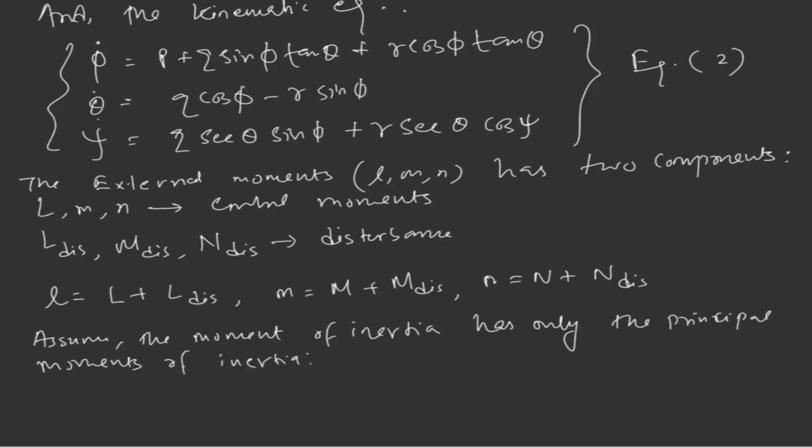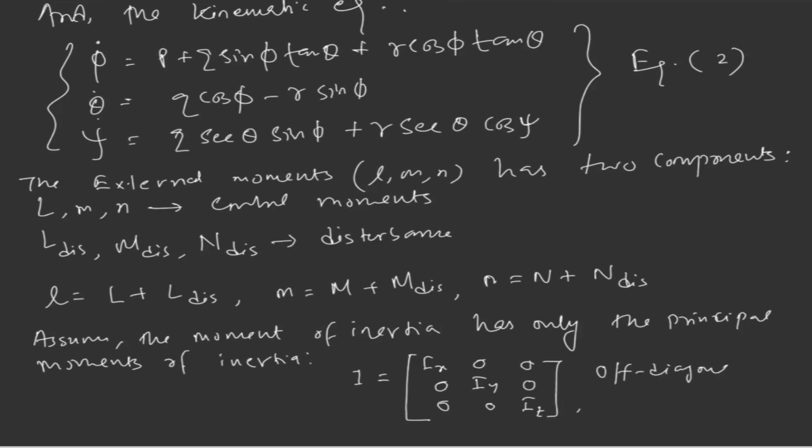It means we are assuming the off-diagonal terms to be zero. So we are assuming Ix, 0, 0; 0, Iy, 0; 0, 0, Iz, where off-diagonal terms are assumed to be 0.